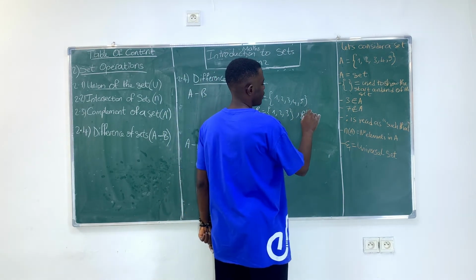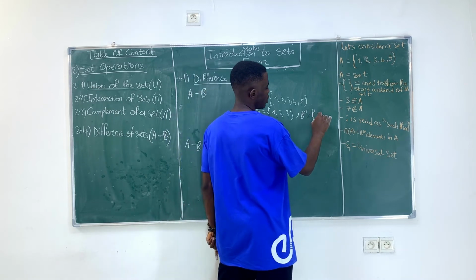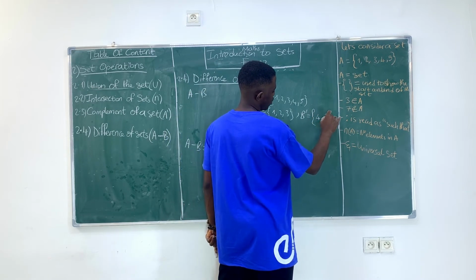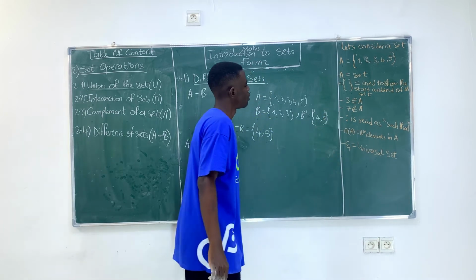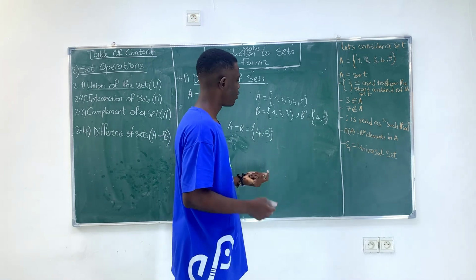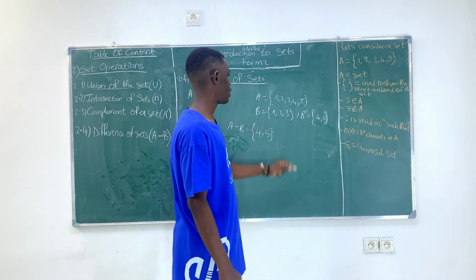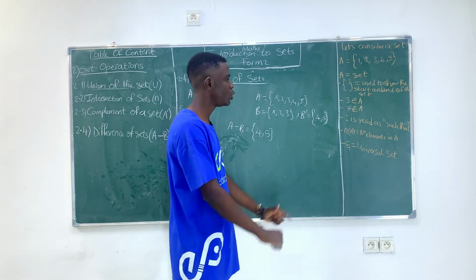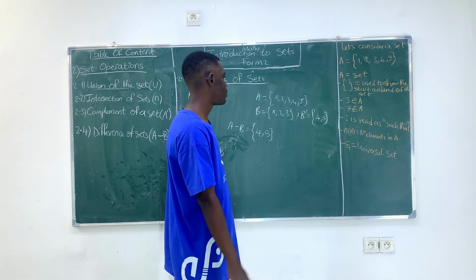What is our B prime? From here, our B prime is going to be 4, 5, given that our A is the universal set. So what is A intersection B prime?